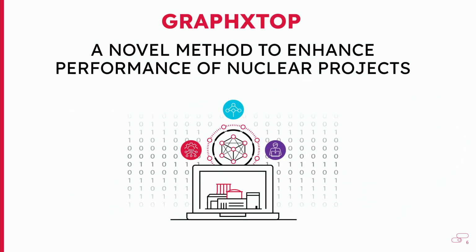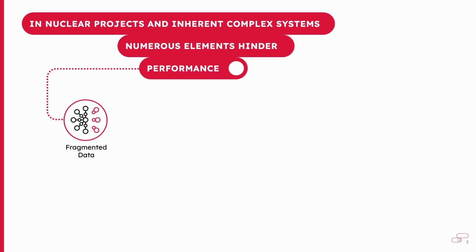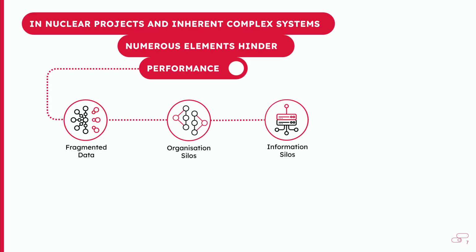So, what is GraphXTOP about? It's about finding new ways to drive performance in complex systems and especially in nuclear projects and programs. Because of the various data we talked about earlier, we have issues of fragmented data that hinder performance, of organization silos, of information silos themselves, of troublesome data lineage that impacts trust in data flows.